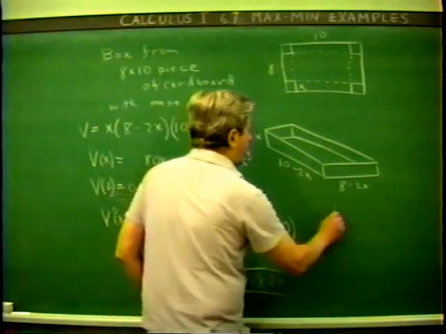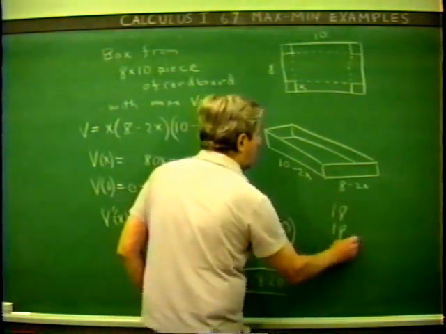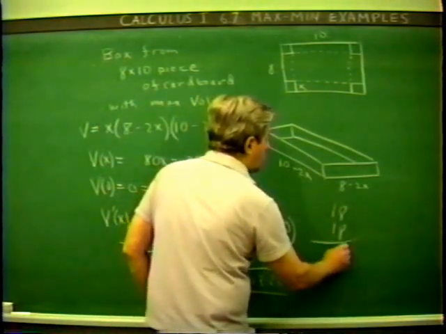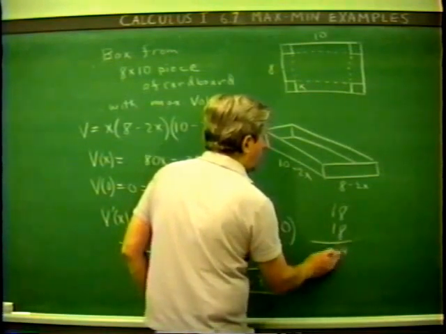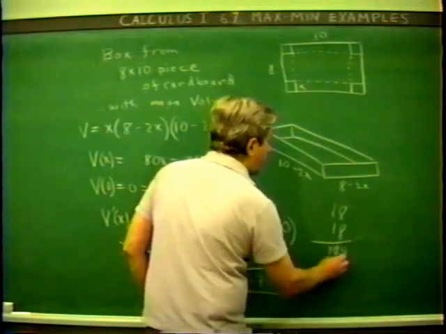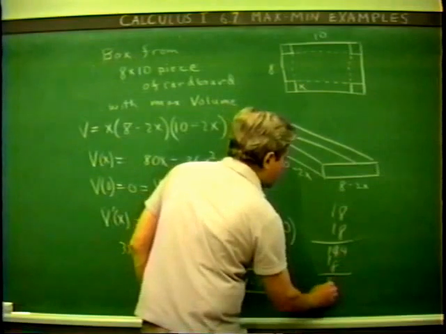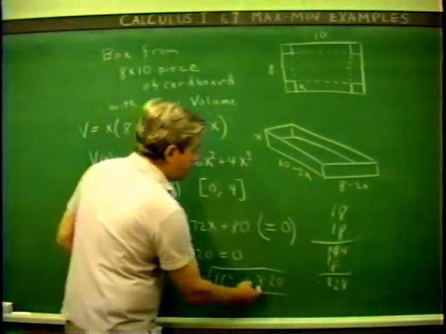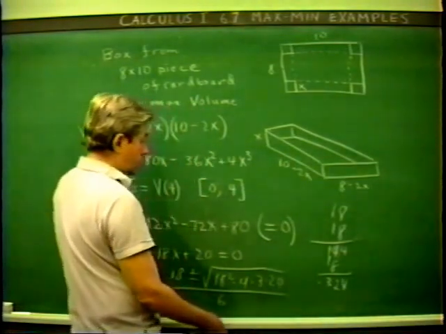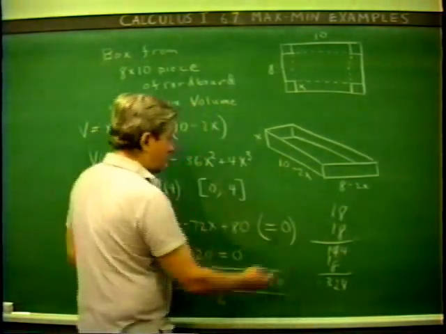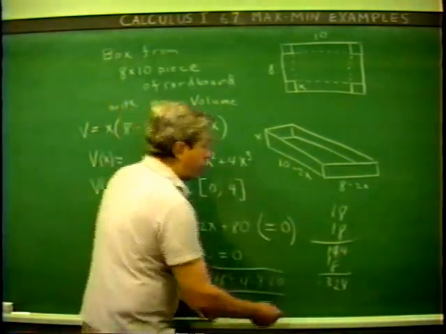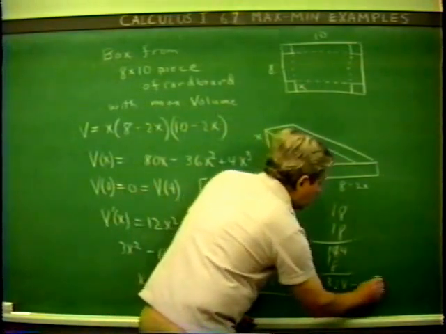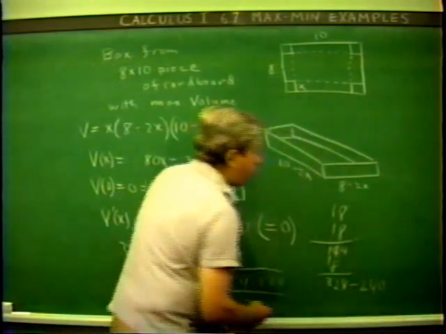The thing to do is to make sure that they lie in the interval. Let's see what happens here. 18 squared. Okay, 144 and 18 is 324. So 18 squared is 324. 4 times 3 is 12, times 20 is 240.